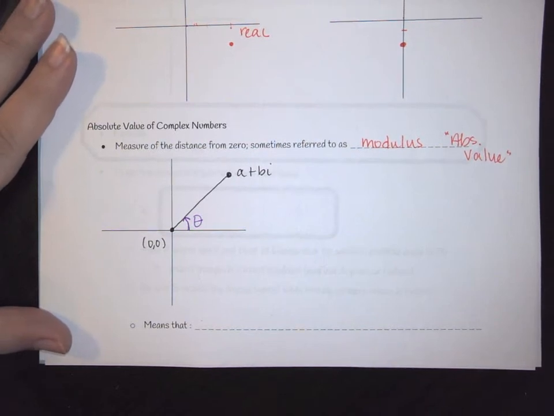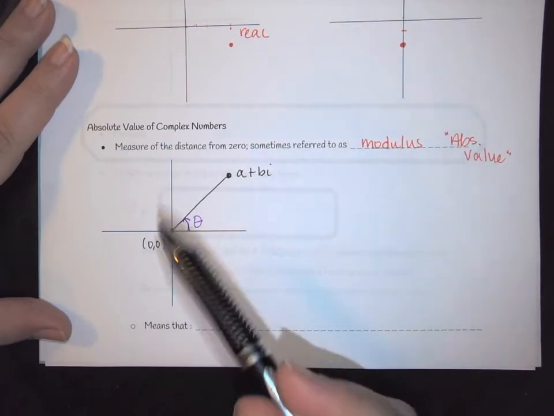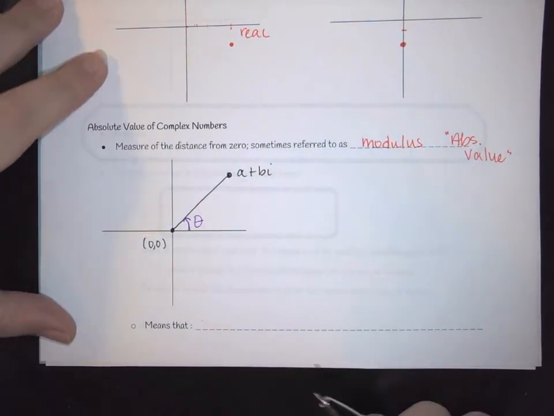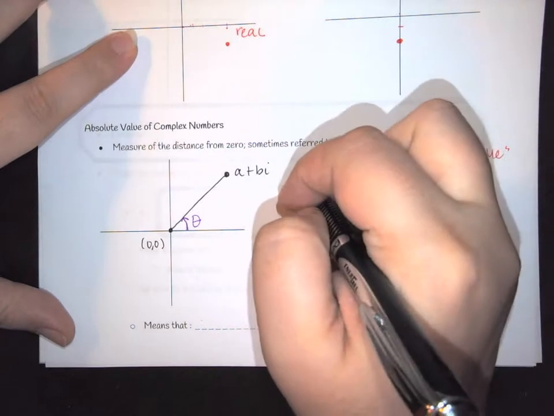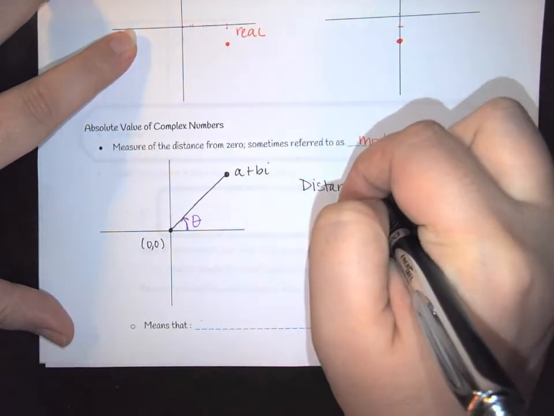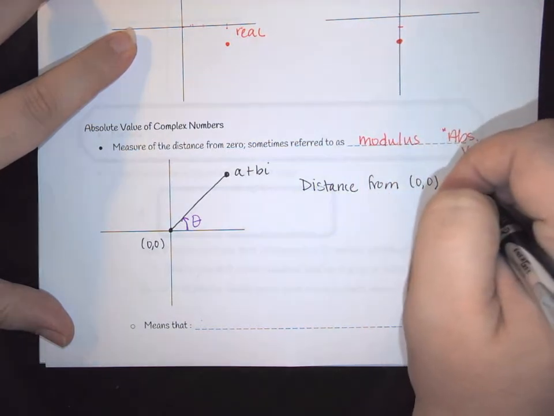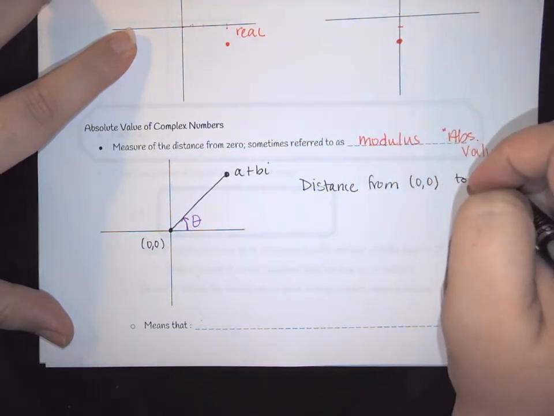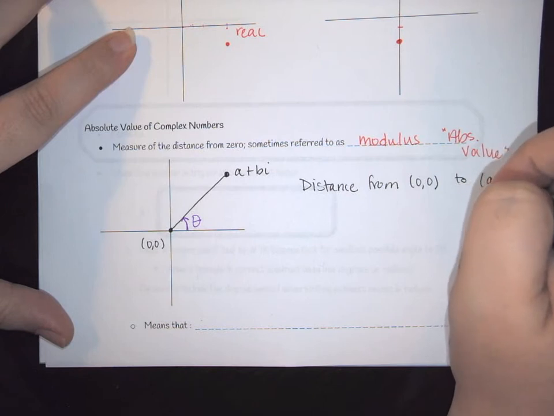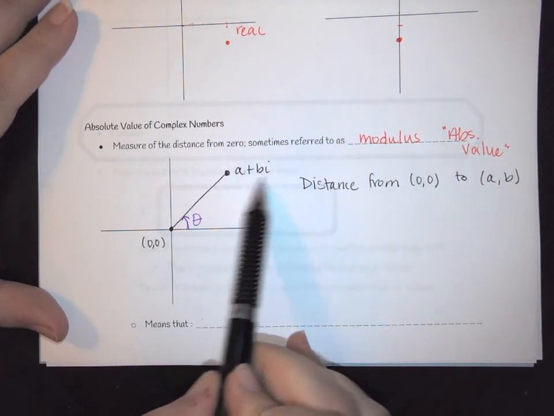Well, we can calculate the distance from one point to the other. So to do that, we would look at your distance from the point 0, 0 to the point a, b. Why? Because this is a plus bi.